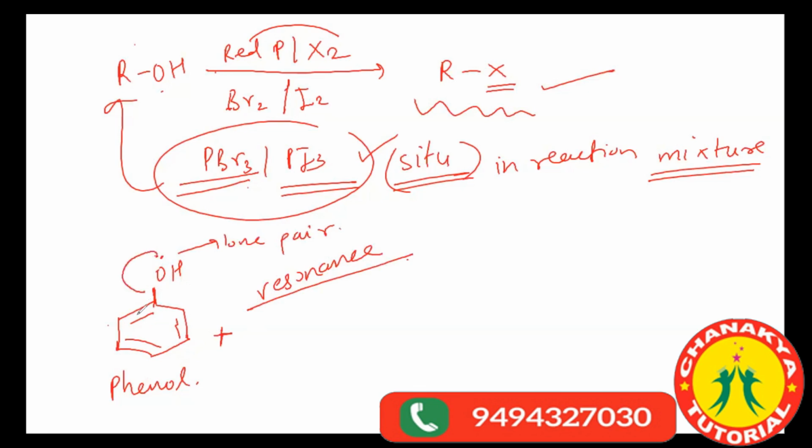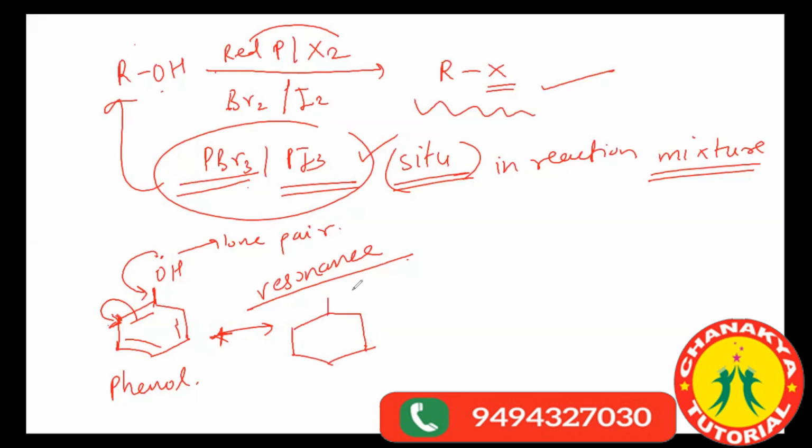Suppose it goes here, this double bond is shifted here, and you get a resonating structure in this manner. It would be the same benzene, but the position of the electrons is changed. Now oxygen's lone pair is shifted over here.